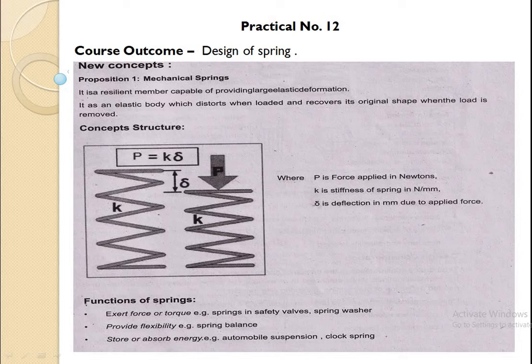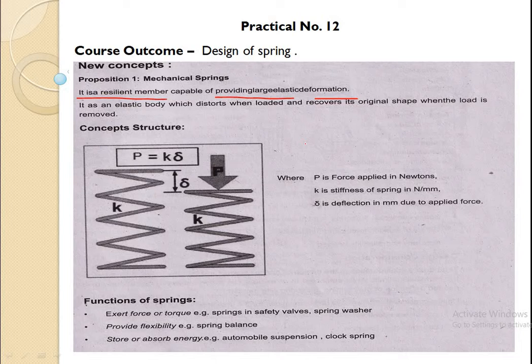So before actually going into the design of spring, it is necessary to understand some basic concepts regarding the spring. So a mechanical spring is a resilient member which is capable of providing a large static deformation. Means when we apply a load on a particular spring, it undergoes deformation, and it is an elastic deformation, not a plastic deformation.